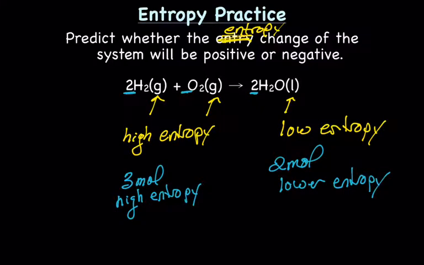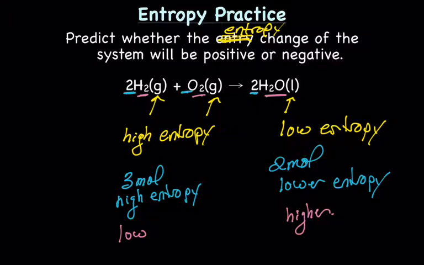One other thing we can see here is more and less complex molecules. All we have here is just H2 and O2. Those are less complex than H2O. So with the type of molecules we have, lower entropy and higher entropy.